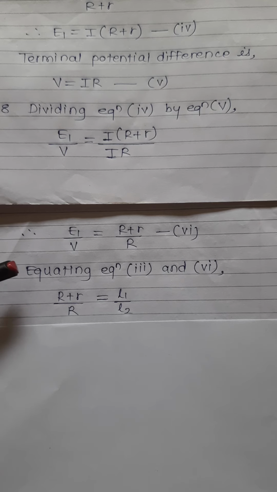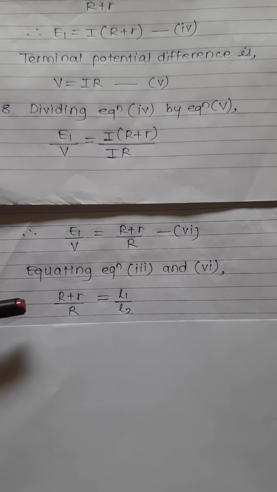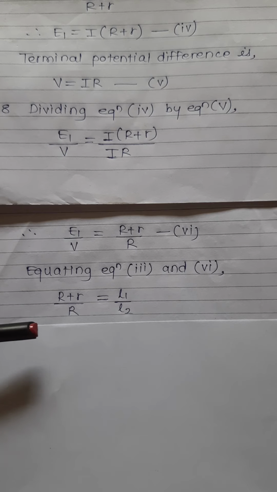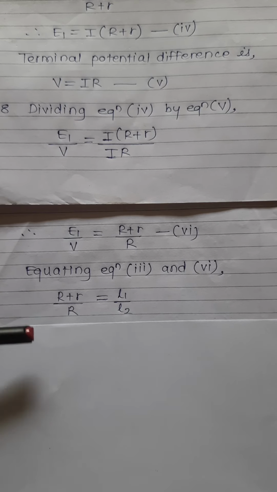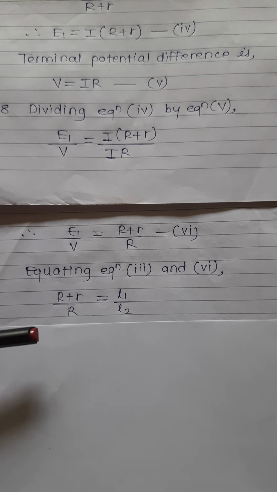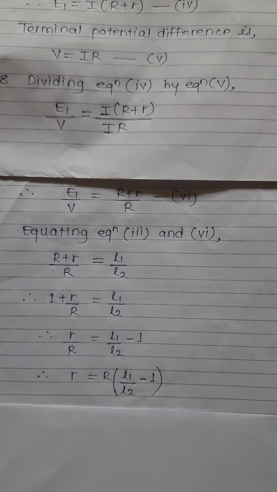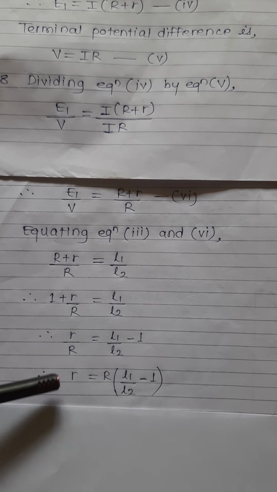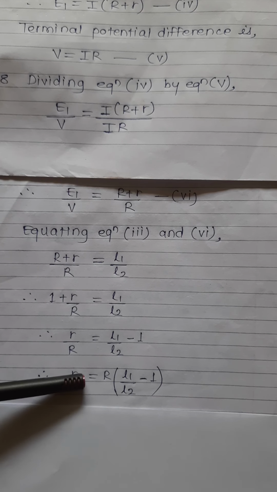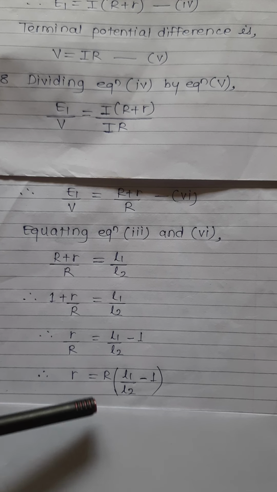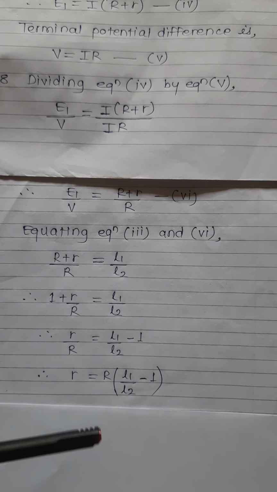Equating equation 3 and equation 6, we get capital R plus small r upon R is equal to L1 upon L2. Now simplify it to get small r. Therefore internal resistance r is equal to capital R in bracket L1 upon L2 minus 1.